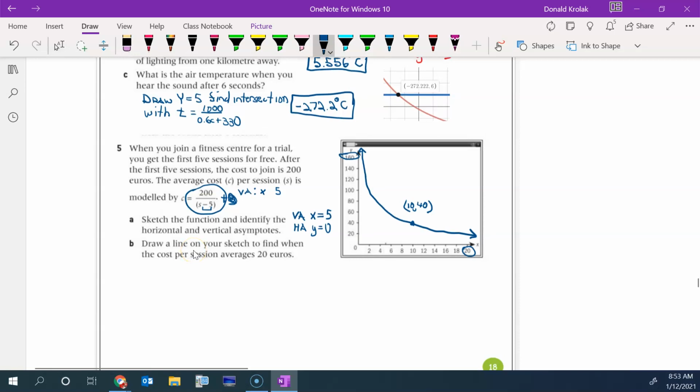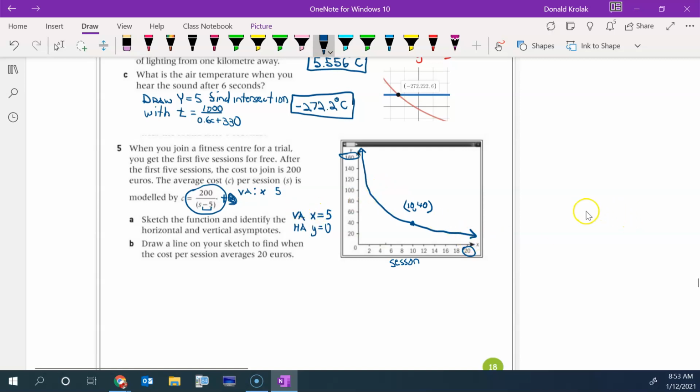All right, then it says draw a line on your sketch to get the cost per 20 euros. Okay, now remember, S is the number of sessions. So this is your sessions. Yes. Oh, yeah.